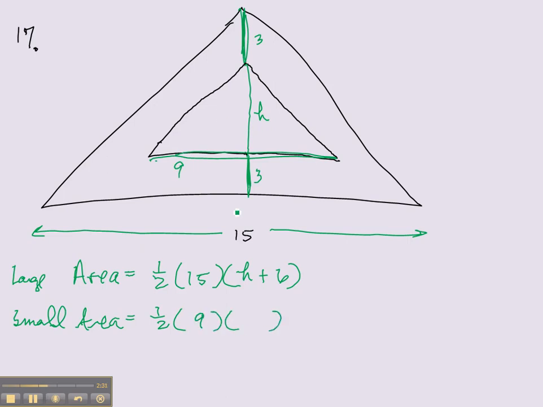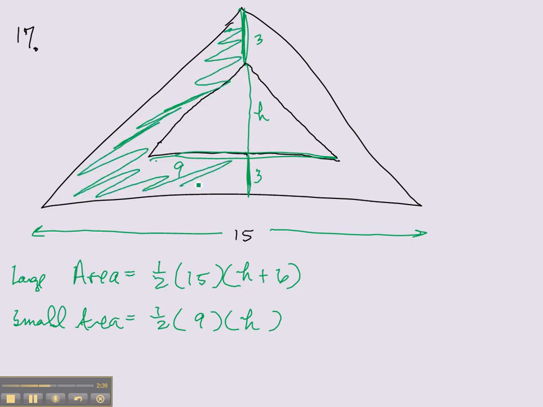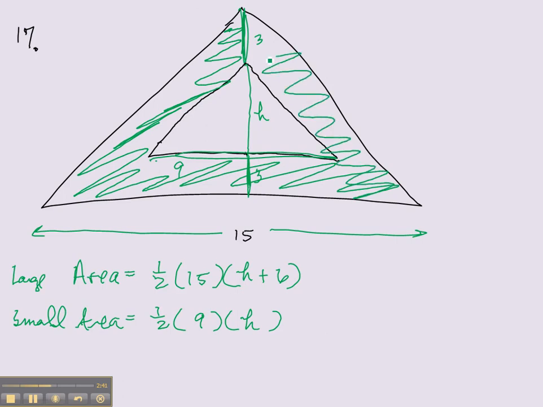And we're also told that the shaded region, that's all of this area, is equal to 75. That should be the large area minus the small area. So 1/2 times 15 times (h plus 6) minus 1/2 times 9 times h equals 75.